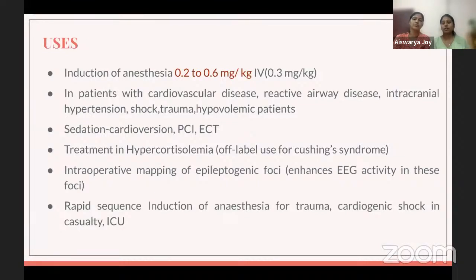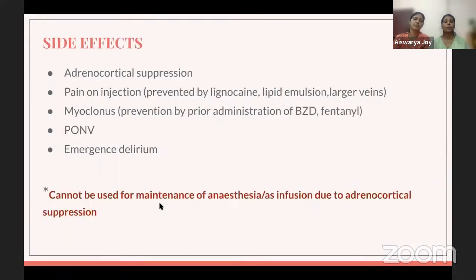There's off-label use for Cushing syndrome, and intraoperative mapping of epileptogenic foci because it enhances EEG activity in these foci. We can also use it for rapid sequence induction of anesthesia for trauma and cardiogenic patients in casualty and in ICU.